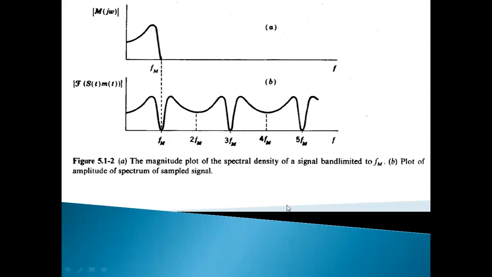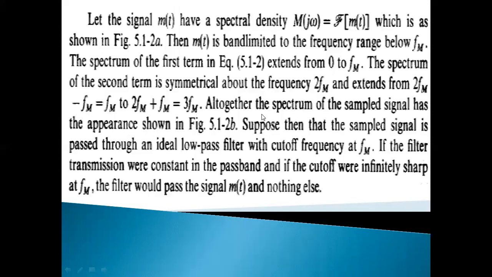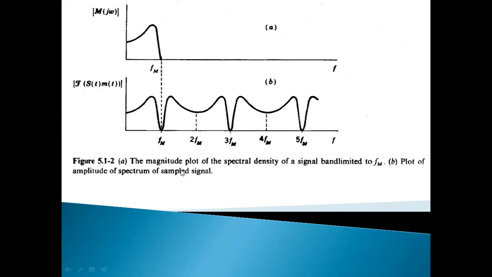So here you can observe one thing. 0 to FM is the span. At FM, the second sampling starts. The second sample starts. So 0 to FM and FM to 2FM, then 2FM to 3FM. At 3FM, the third one starts.